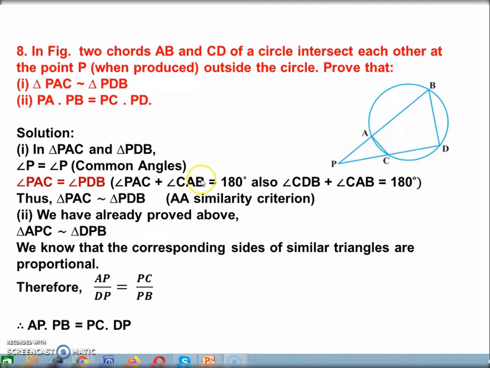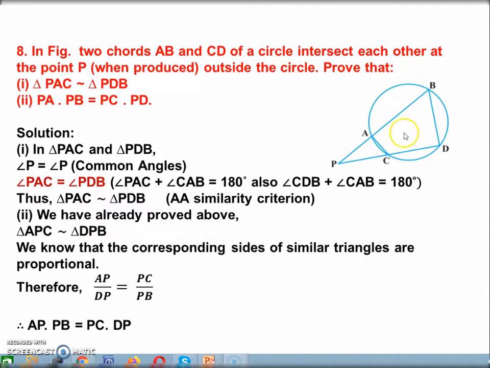You know that angle PAC plus angle CAB is 180 degrees because they are a linear pair of angles. Also, these two angles are supplementary because we know the property of a cyclic quadrilateral, that opposite angles of a cyclic quadrilateral are 180 degrees.